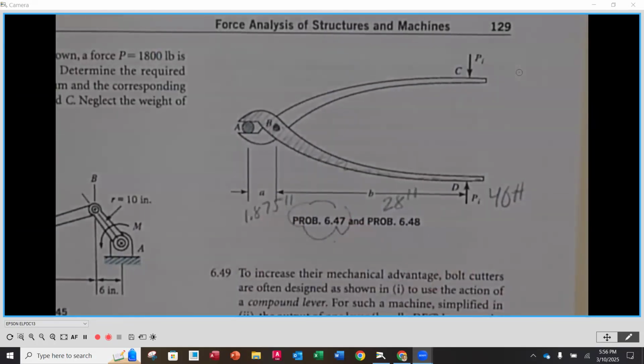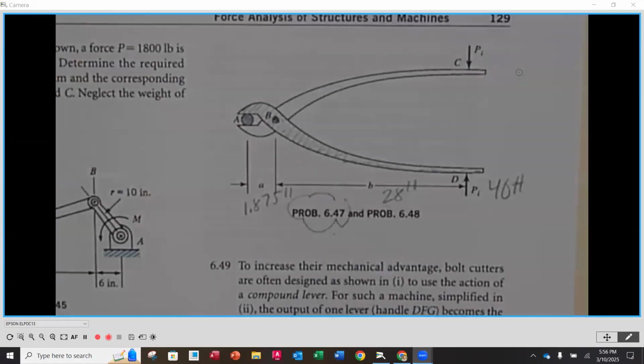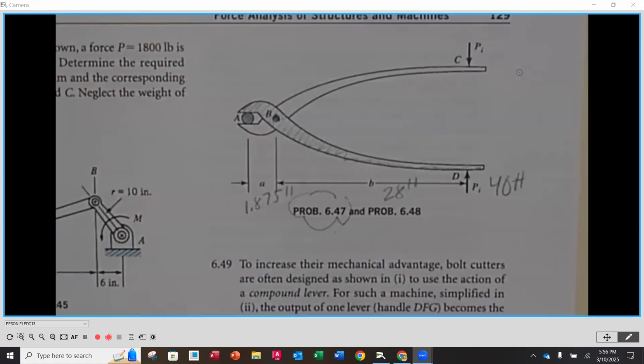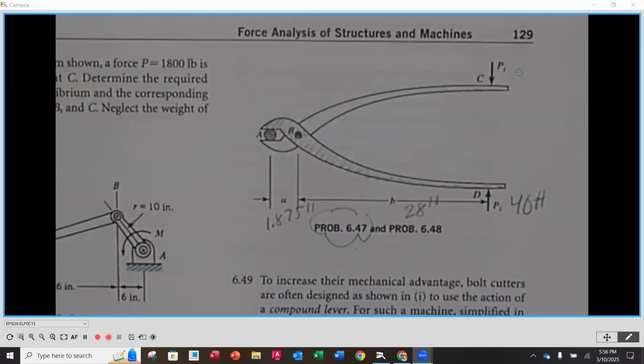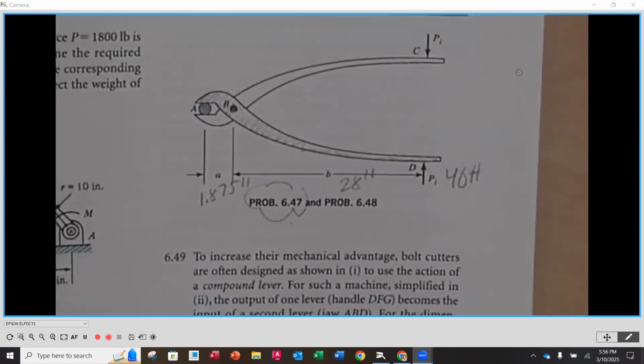Okay, so free body diagram first. Now this is going to be very similar to the last practice problem that we did in this particular module. So if you wanted to look back at that for the formatting, it's going to be just like that problem.